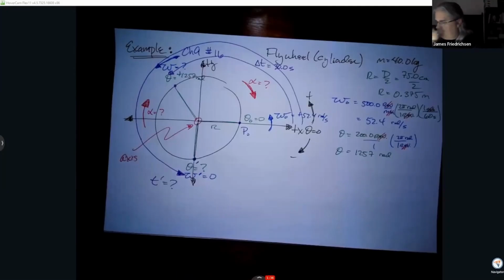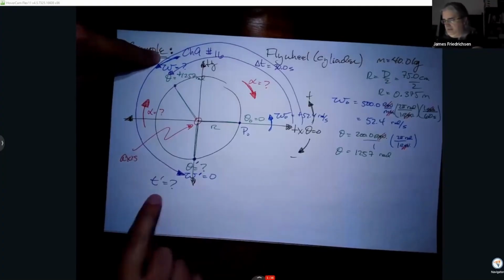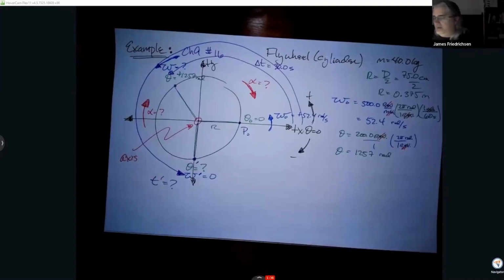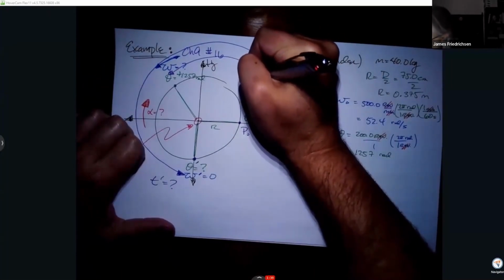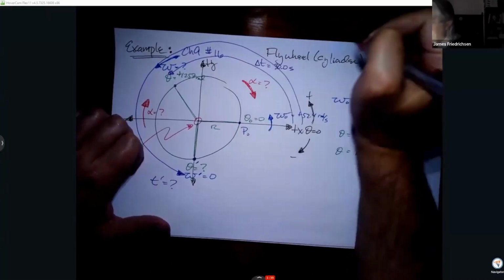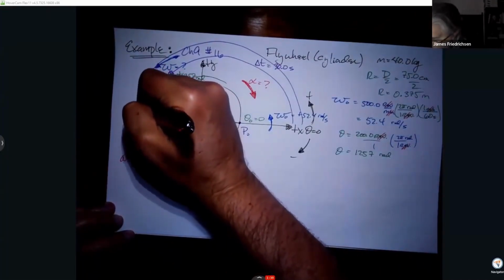All right. So then we want this speed, we want this time, and this theta. So those are the things we're supposed to find. But in order to do that, we're going to need the alpha because alpha is in every single kinematic equation, right? The accelerations are in all of the equations, all 3 of the ones we use. And so then we're going to need to figure that out.